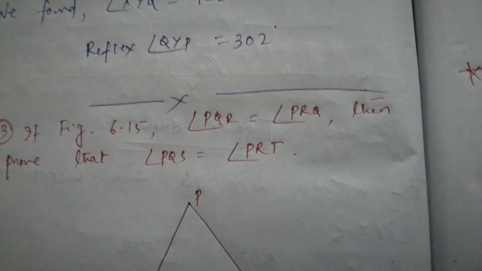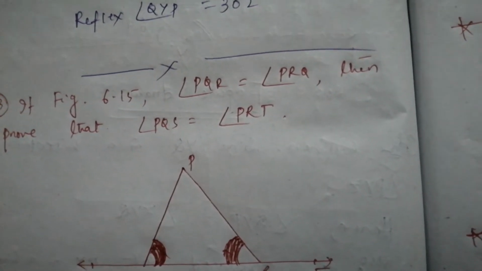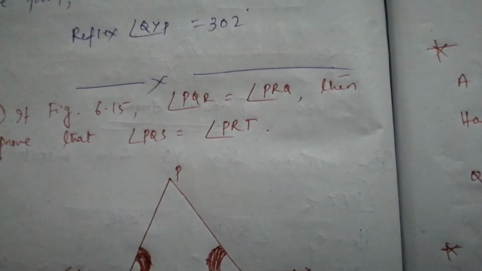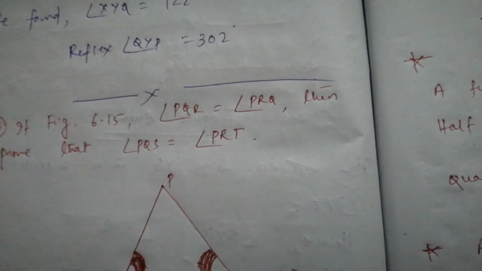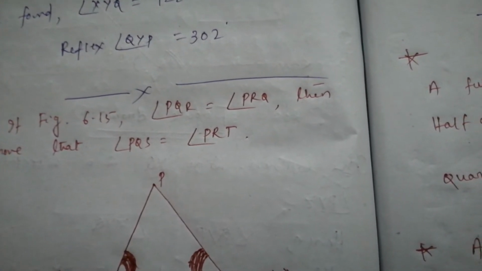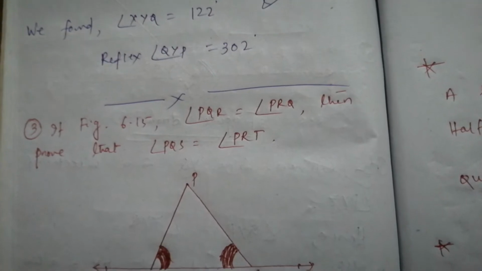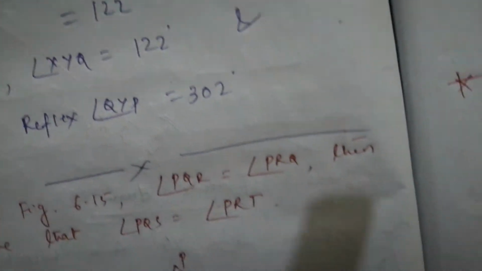But we have left question number 3. So I have written it here in the final part. See question number 3. If figure 6.15, actually I think the question must be in figure.